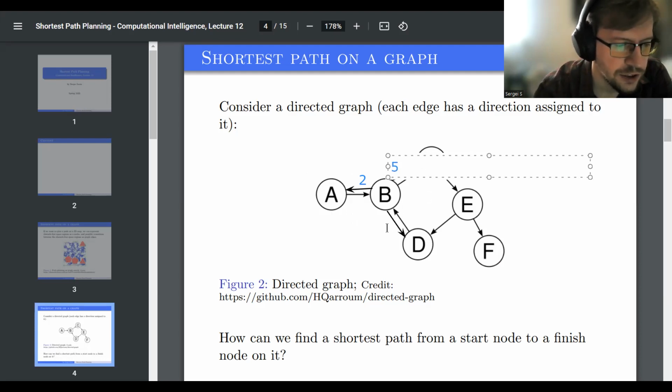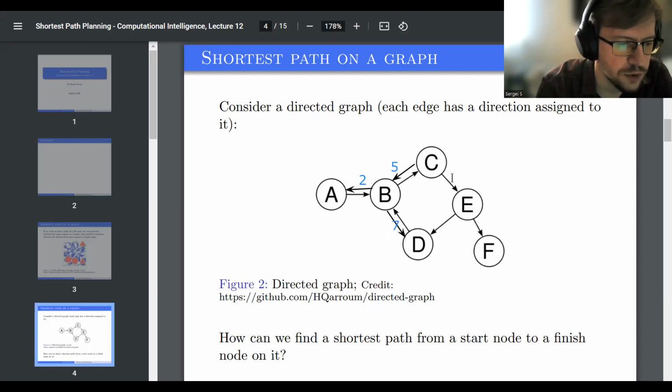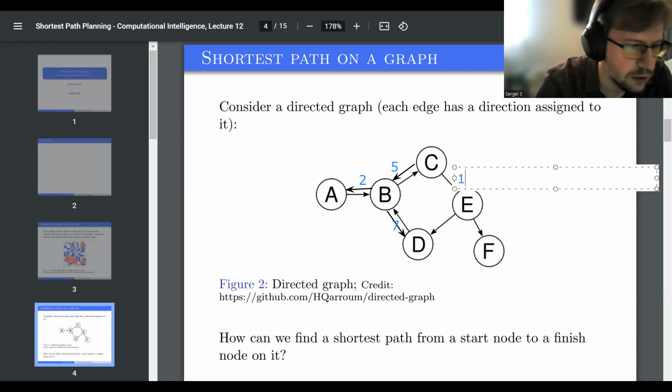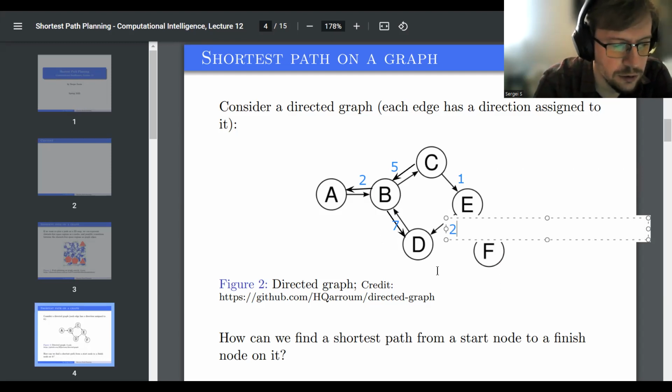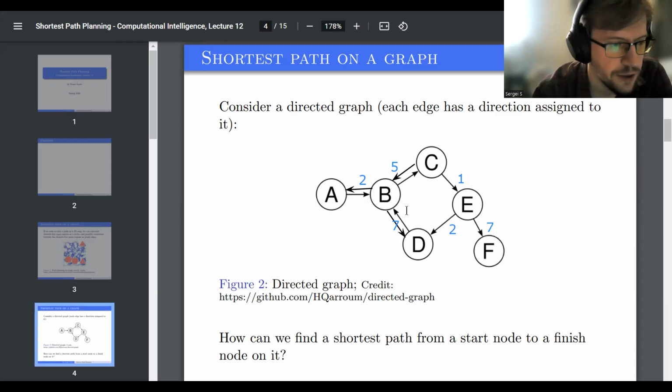Let's say the cost of traveling from B to D is 7. Let's say the cost of traveling from C to E is 1, etc. We can give those costs the way we want, and they would somehow inform what is the shortest path. So we don't eyeball the shortest path. We need to compute it.